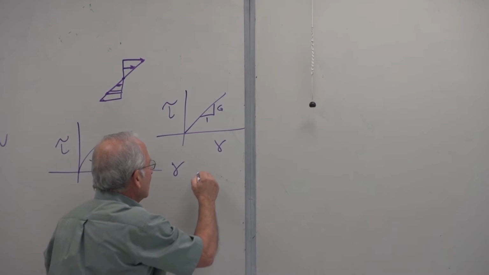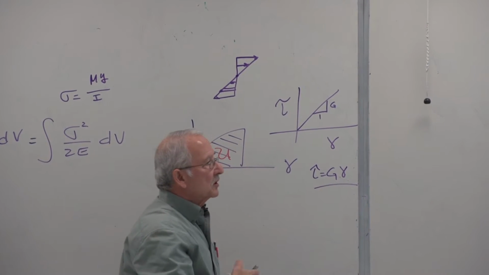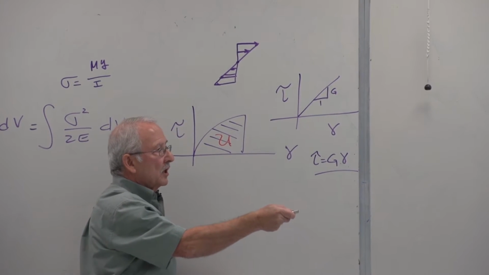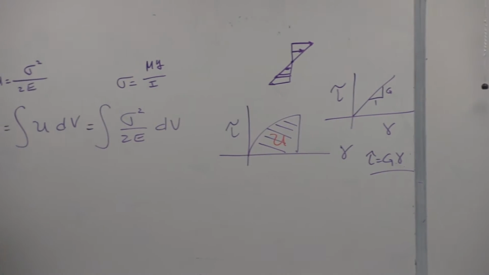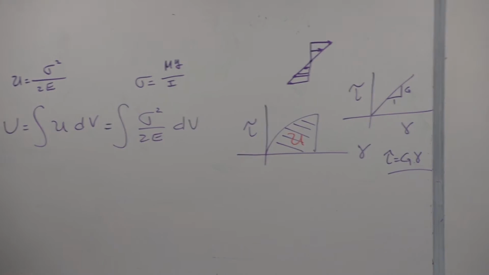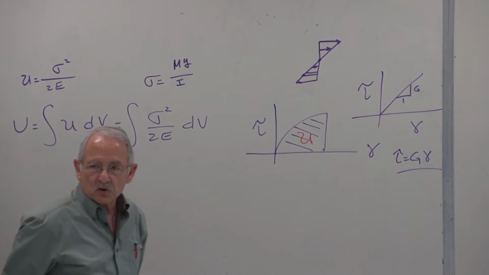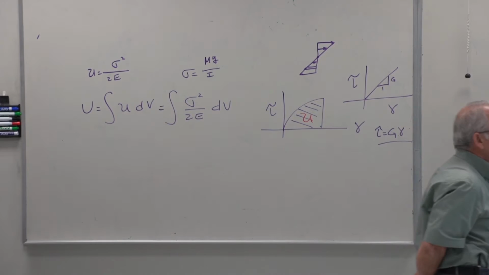This is tau equal to G gamma. Once you substitute that into that integral, then that integral becomes easy to evaluate. You evaluate that and you get this: tau squared over 2G, very similar to sigma squared over 2E in the case of linear elastic behavior.